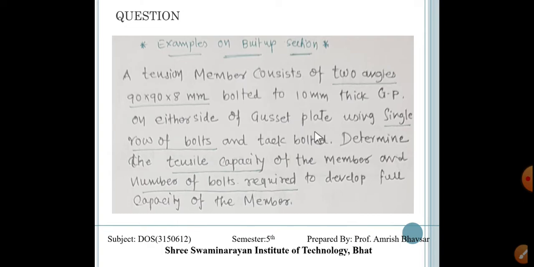In previous cases we understood the design tension capacity, but the bolts, the number of bolts and the position of the bolts were given. In this case we have to find out the number of bolts. So the methodology is the same, but the calculation is a little bit different compared to our previous cases.